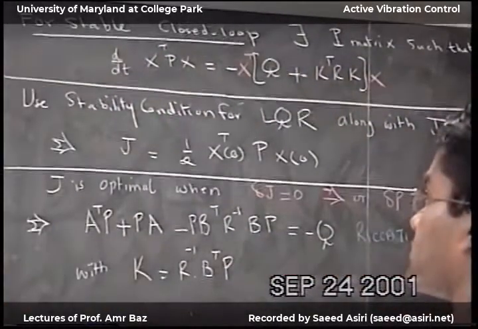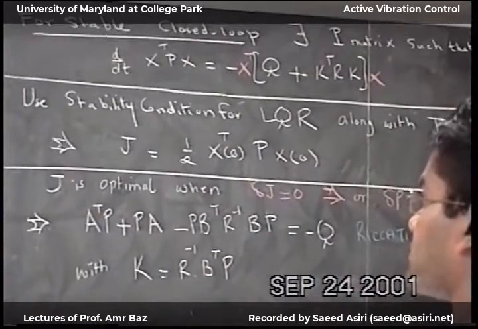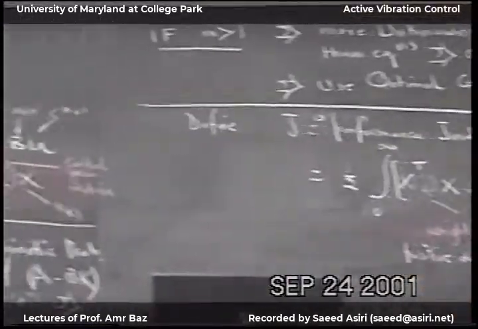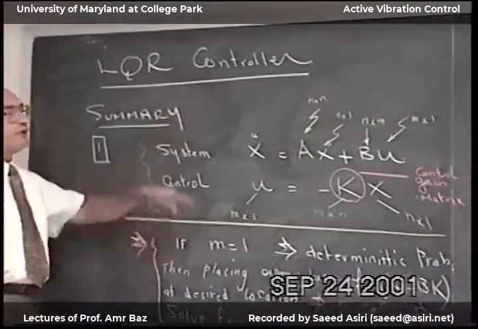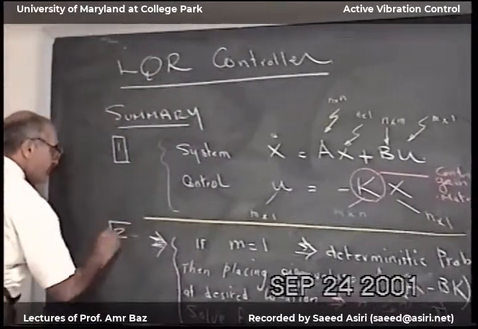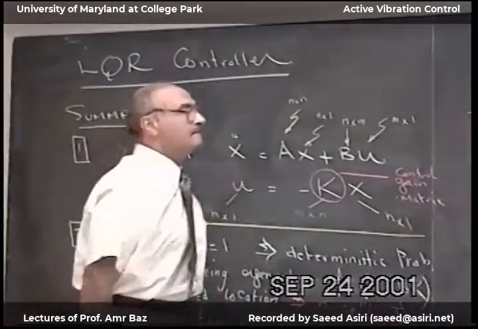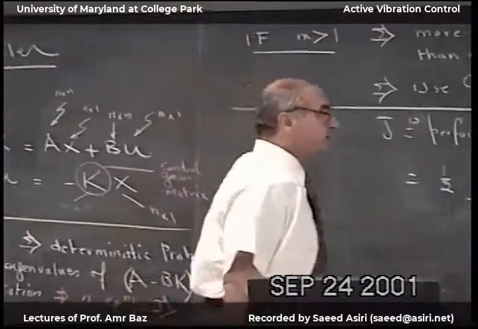So that's the first thing that we said, the system equation looks like this, the need for optimal control and the performance index.